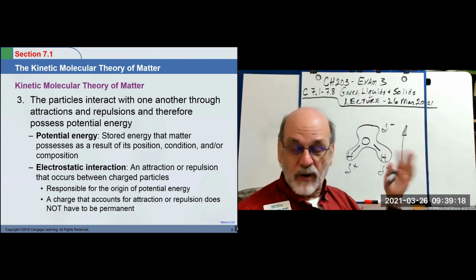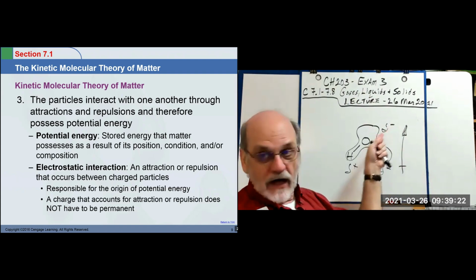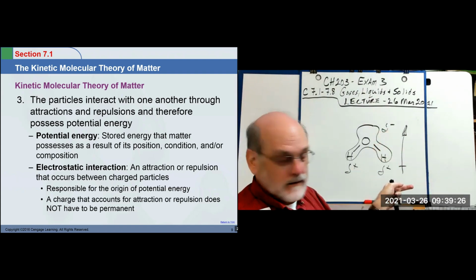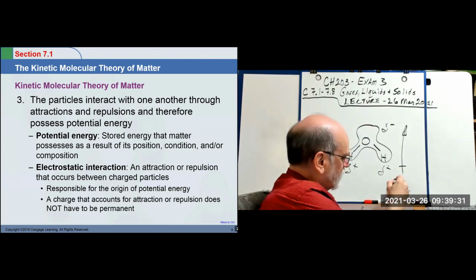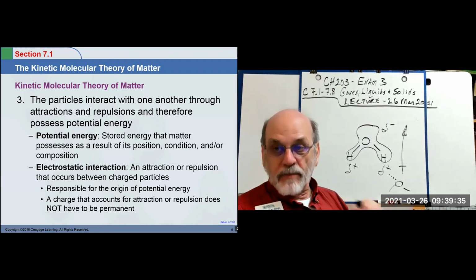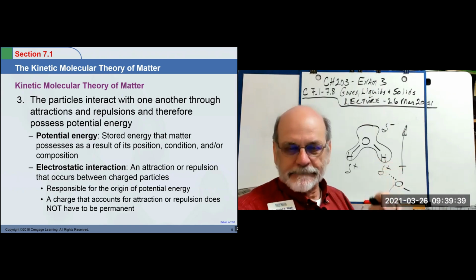And with that polarity, when these molecules interact, another water molecule might come in here with a negative down here and be attracted. Right? That's called a polar bond. In fact, this is a special kind of polar bond called the hydrogen bond. And that's another way that these molecules can interact.